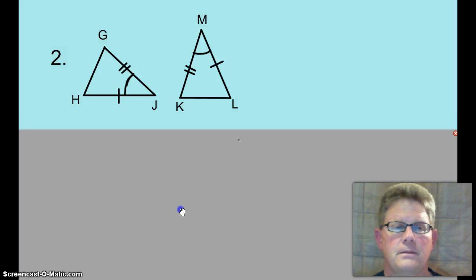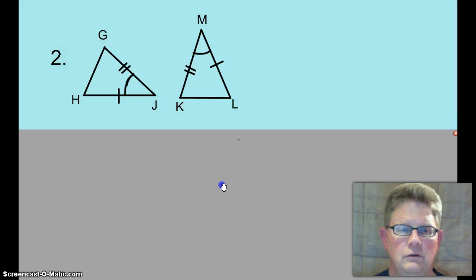Alright. Looking at this, notice that the included angle of one and the included angle of another are between a set of 2 tick and 1 tick marks for both of them. Triangle, get these first ones in alphabetical order, GHJ, congruent to triangle.